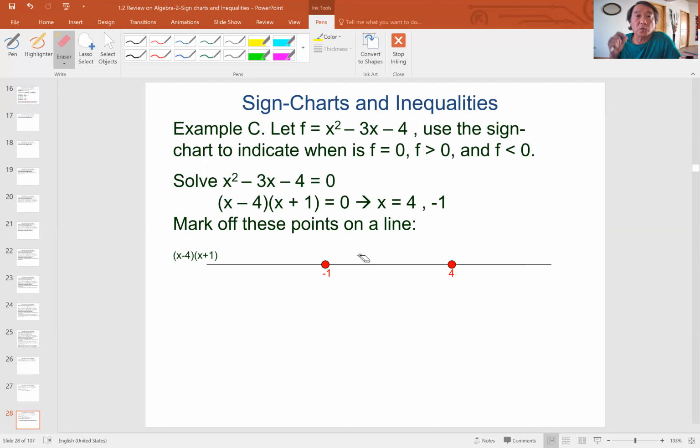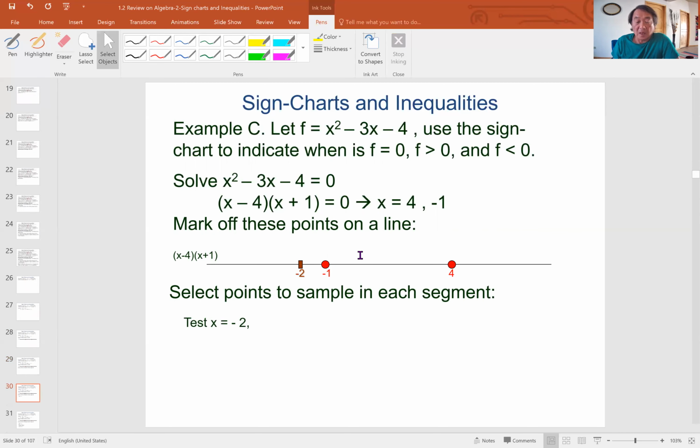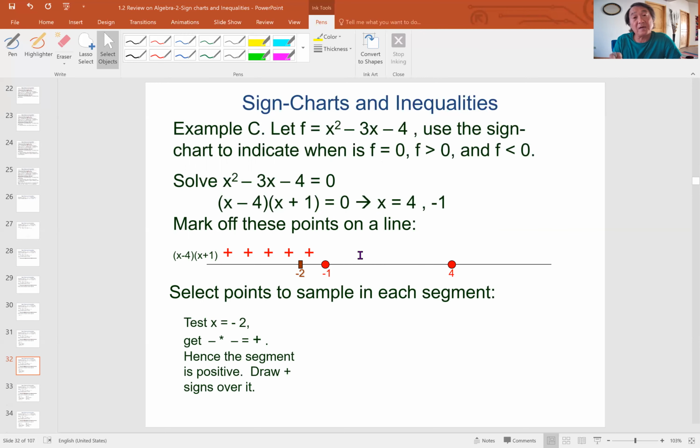One way to do this, which we will simplify later, is take a point in each segment and sample it and check it. So for example, test -2 in the left-hand segment, if I put it in there, I will get positive output.